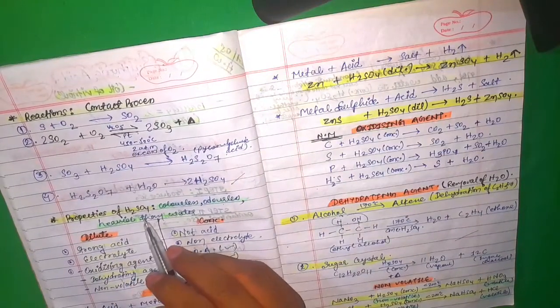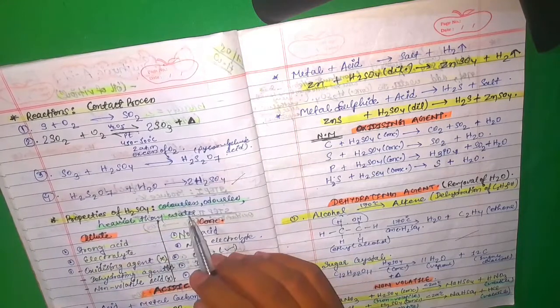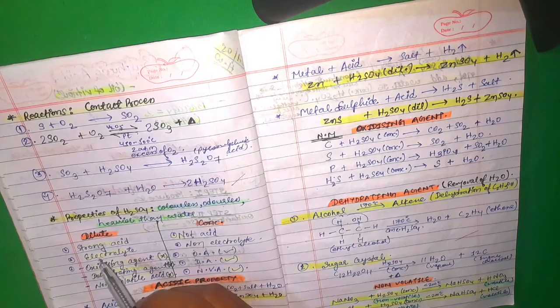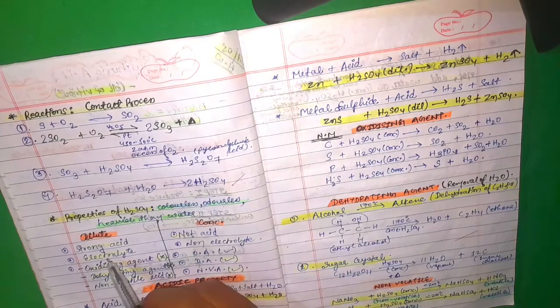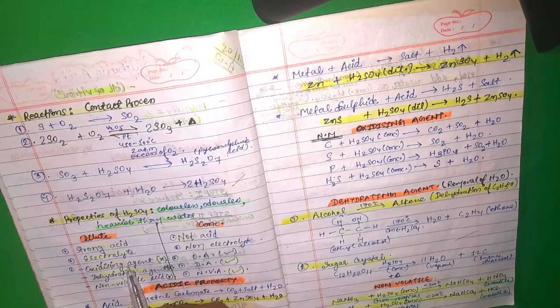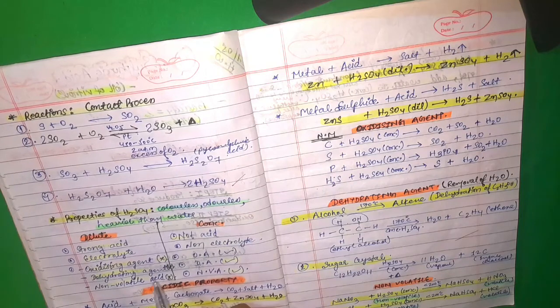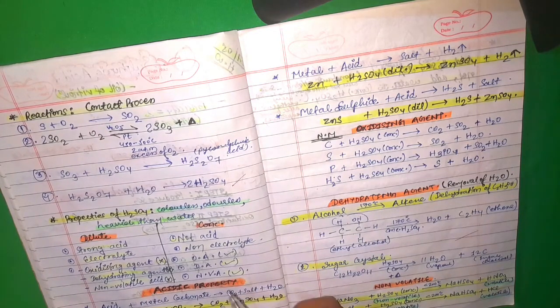Now the properties of sulfuric acid: it is colorless, odorless, and heavier than water. It is of 2 types. Dilute sulfuric acid is a strong acid and an electrolyte, but concentrated sulfuric acid is not an acid or electrolyte, it is a non-electrolyte.